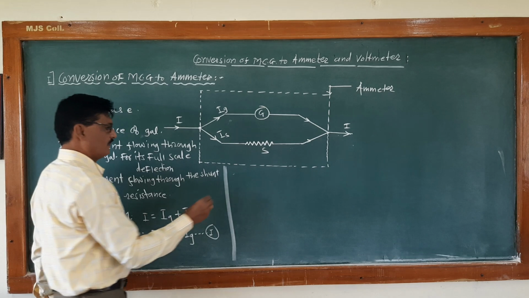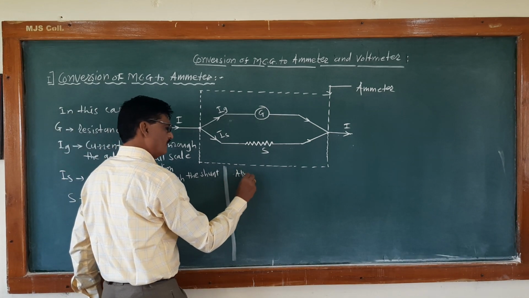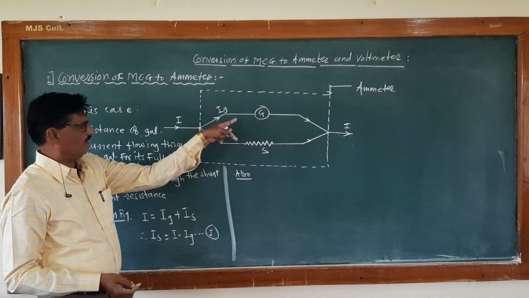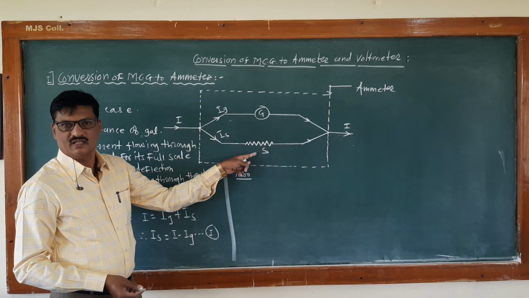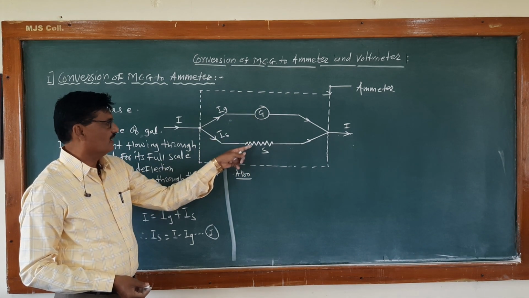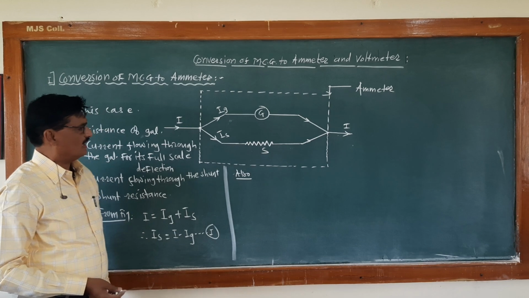Also, in this diagram the galvanometer and shunt are connected in parallel.